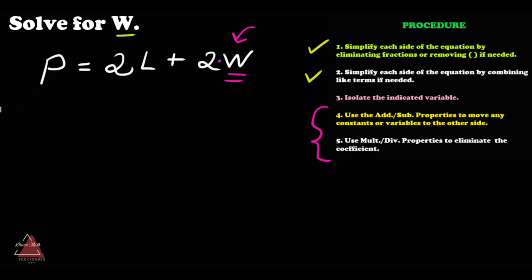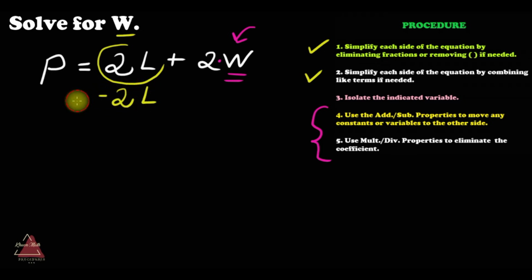All right, so step 4 is to use the addition or subtraction property to move the constant or variables to the other side. So we have to get rid of this 2l. We want it to completely go away. So how do we do that? Well, we do the opposite. So to get rid of positive 2L, we minus 2L.